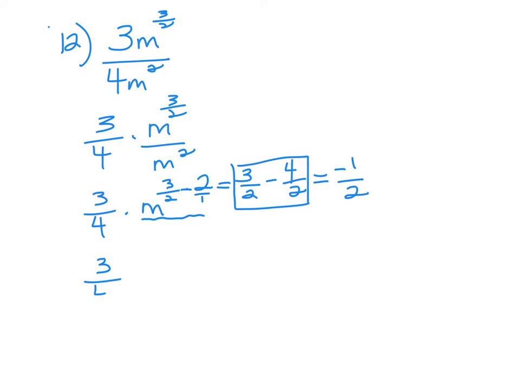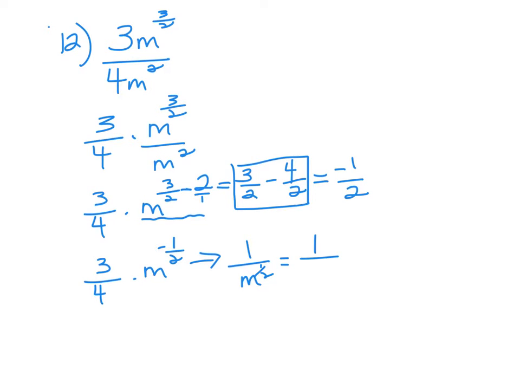So again, I keep the 3/4, and I'm going to multiply by m to the negative 1/2. Now m to the negative 1/2 is the same as saying 1 over m to the power of 1/2. And that can be simplified further because we don't want exponents in our denominator.